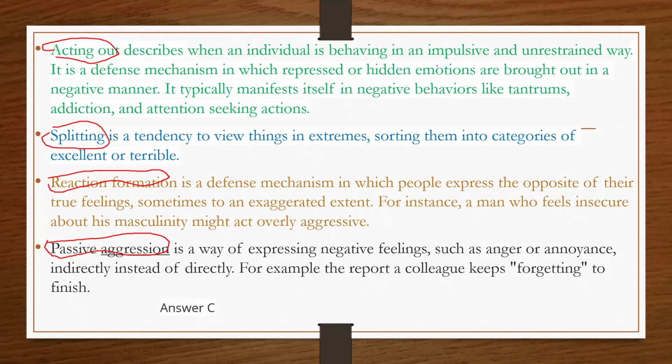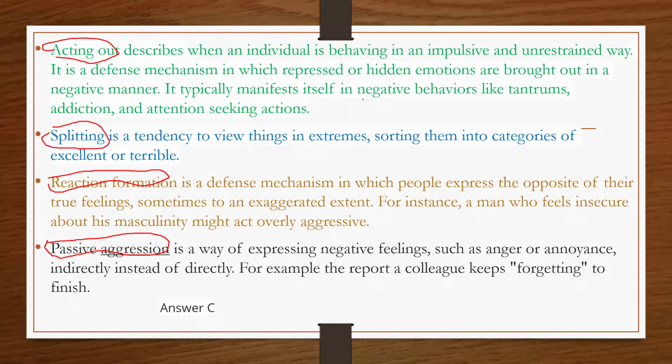What happens is, when you have a problem or an impulse, when you are angry, you become very impulsive and uninhibited, and you are just shouting out tantrums, attention seeking actions, hitting others, likewise.